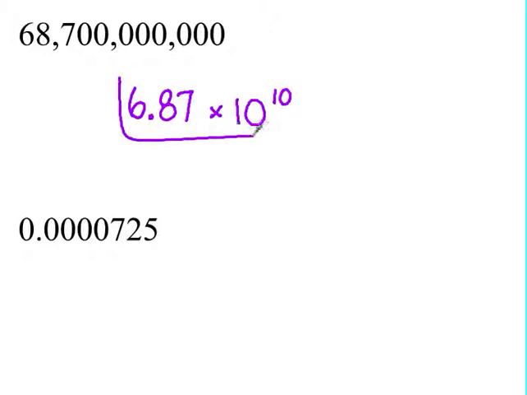So what is A? 68.7. Okay, 68.7 isn't between 1 and 10, so we actually have to move it one more. 6.87 is between the numbers 1 and 10. Now, if you moved the decimal, you should have moved it a total of 10 times, and it should have been a positive 10. So your number has to be between 1 and 10.